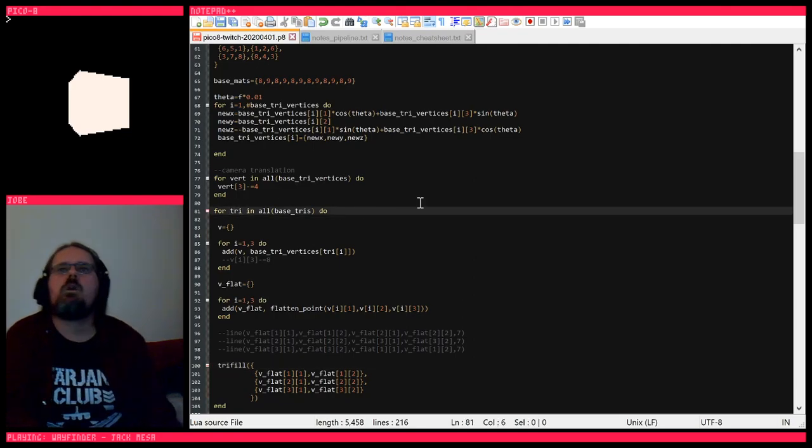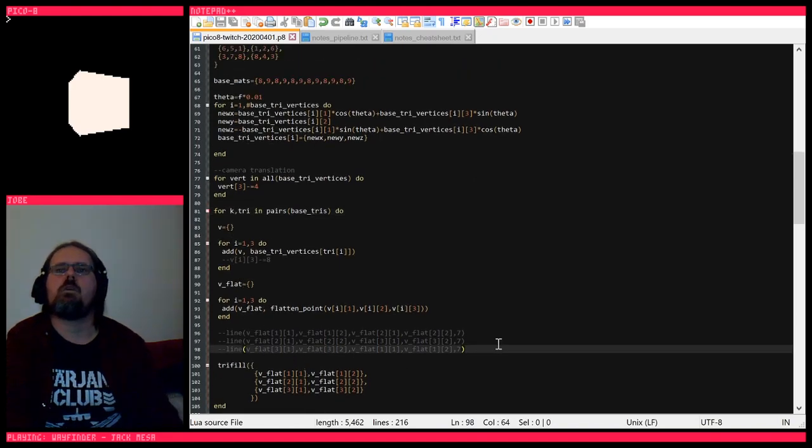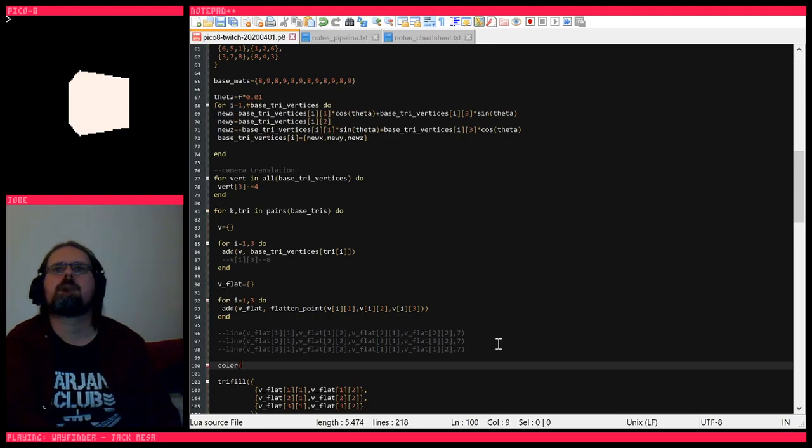So we need the number of the triangle, and one way to do it is we won't use all, but we're gonna use pairs. So now K should be the number of the triangle that we're drawing. Okay, so now if this works, we should have 2 colors, but the cube should still look a bit weird.